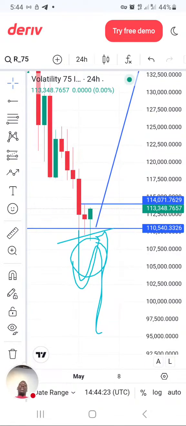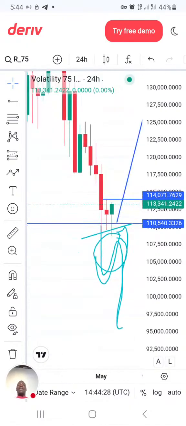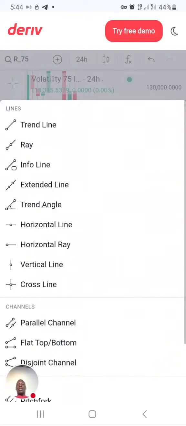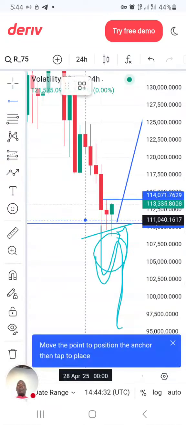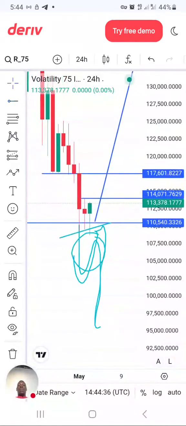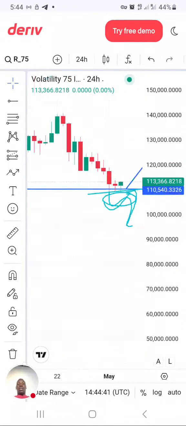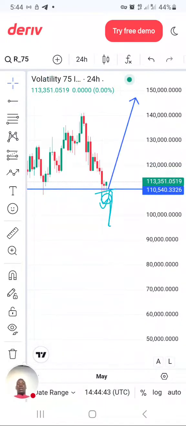But remember, this is a daily time frame. Even though we break this, we have another resistance here. We have another resistance here. Also, the market can come very well and do what? Let me do like this and remove everything here.